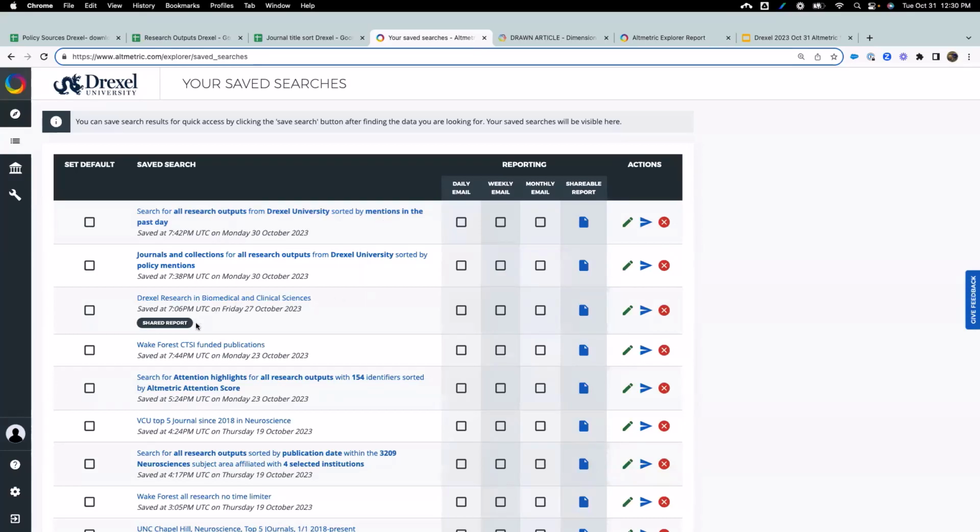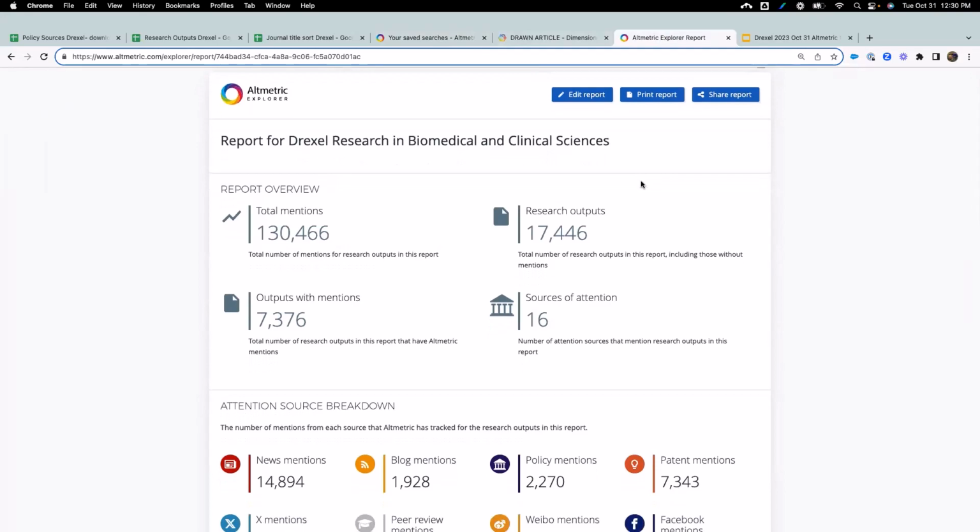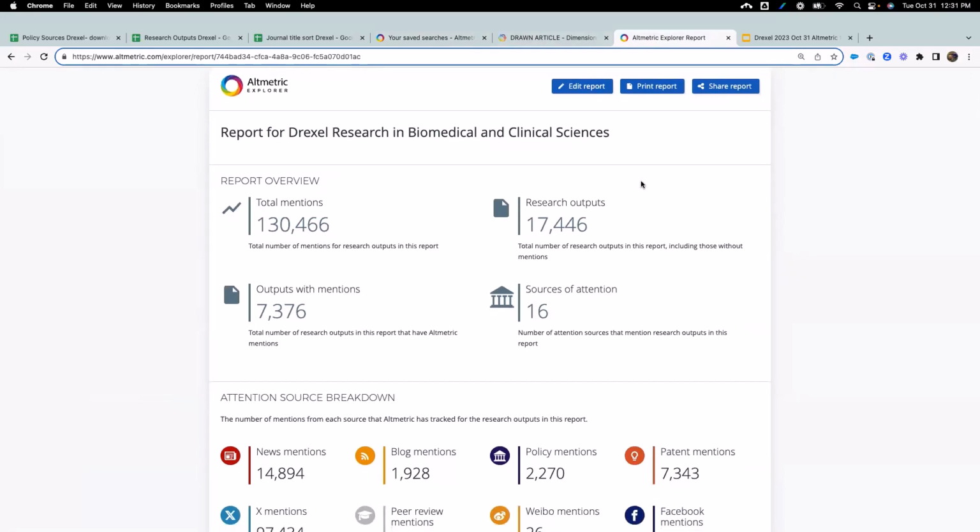But we also have the ability to create these shared reports. And these are reports that you can share with others at the organization. So this is what it would look like, a report for Drexel research in biomedical and clinical sciences, for example. And this report will update as well.